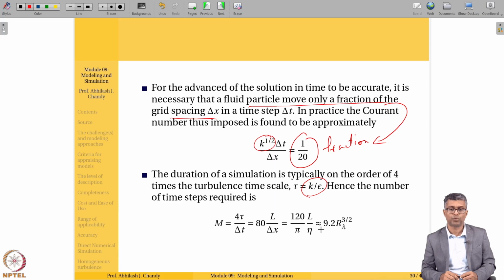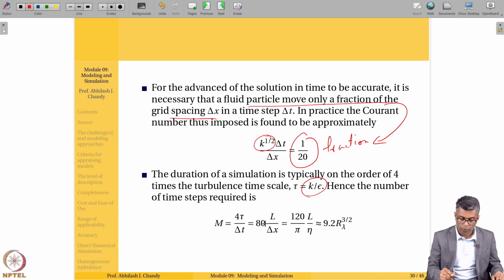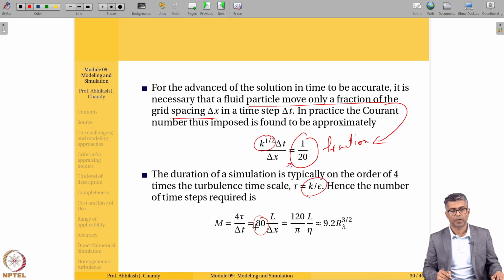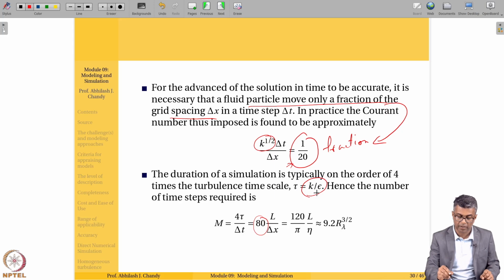Where did I get this 80 from? This 20 from here basically came in here, right? I have 4 tau over delta t, and I am substituting for tau, k over epsilon and everything in there, and then I'm getting this estimate of 80.